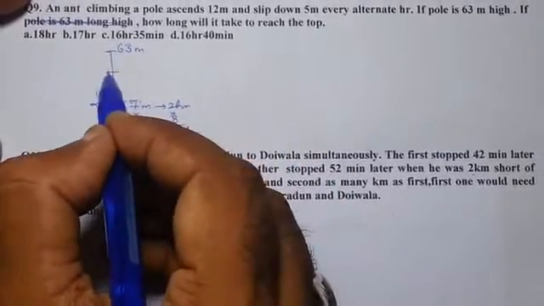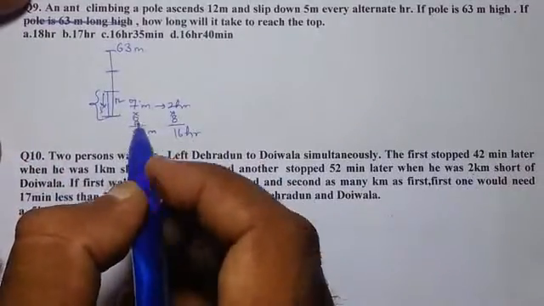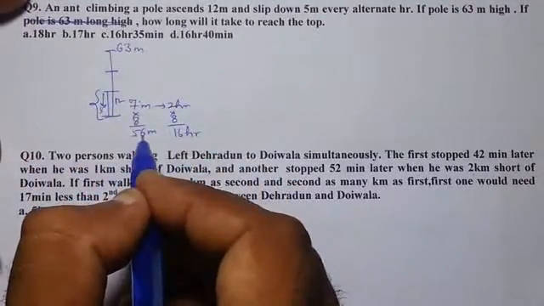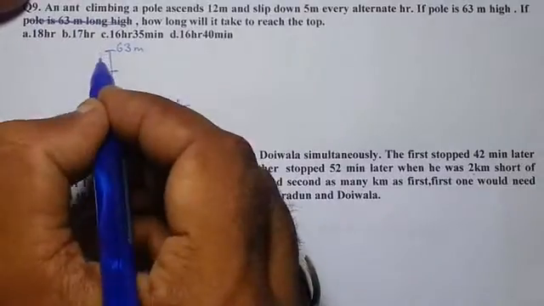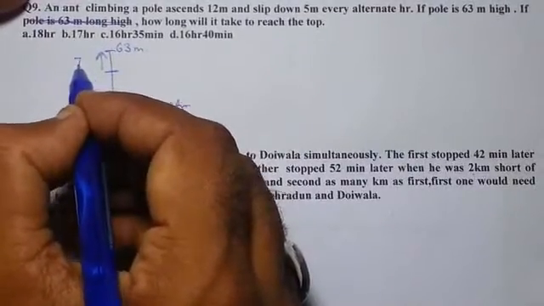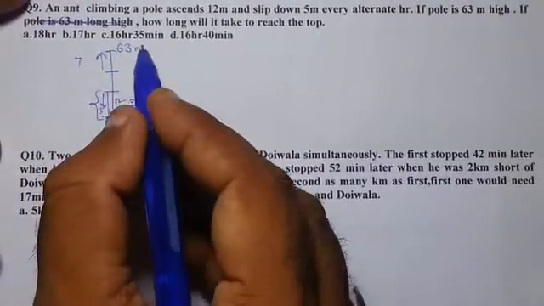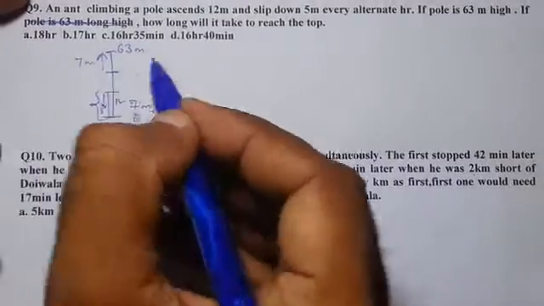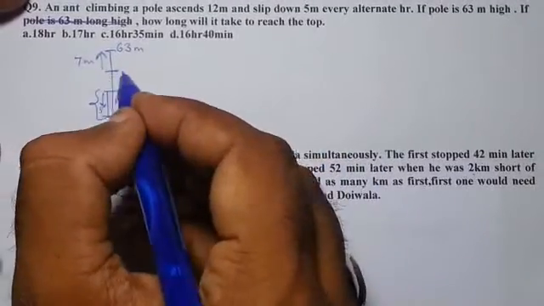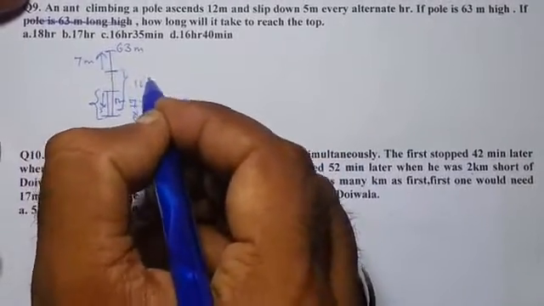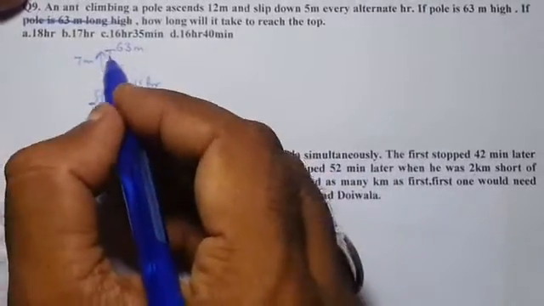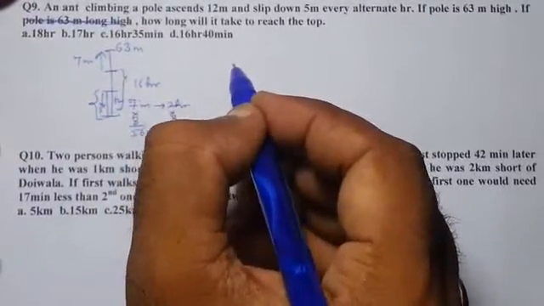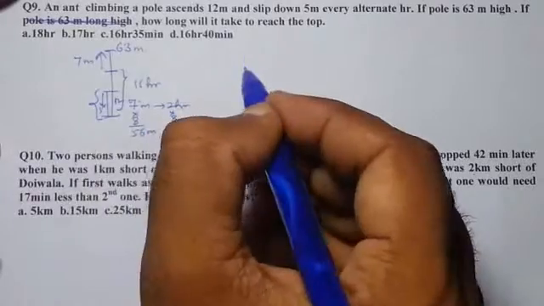Now in the next hour, what will it do? It is 63 and it is 56. So that means it has to go up 7 meters. 63 minus 56 is equal to 7 meters. So after 16 hours, it has to go 7 meters high. We are given that in the next hour it goes 12 meters.